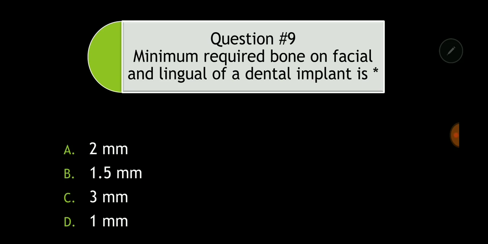Okay. So our answer is D. Okay. So the minimum bone required on the facial and the lingual of a dental implant is supposed to be 1 on the lingual and 1 on the facial. That's the minimum. Make sure you know that.